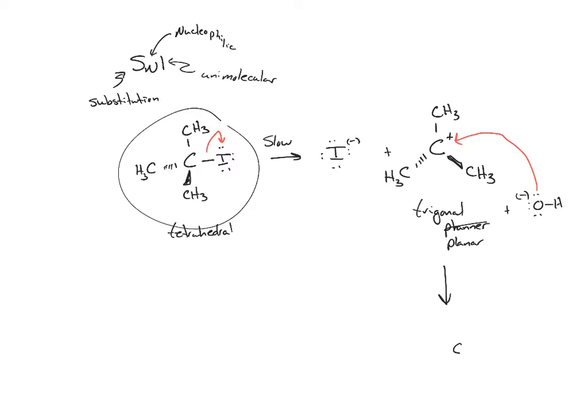So I'm going to form, in this case, this alcohol. And again, I just go from tetrahedral, my intermediate is trigonal planar, I can attack from either side, and then my product again is a tetrahedron. Okay.